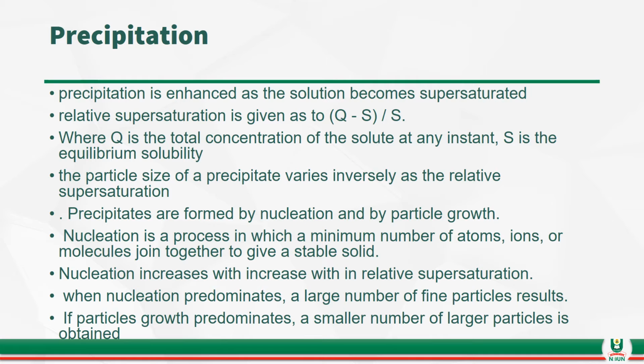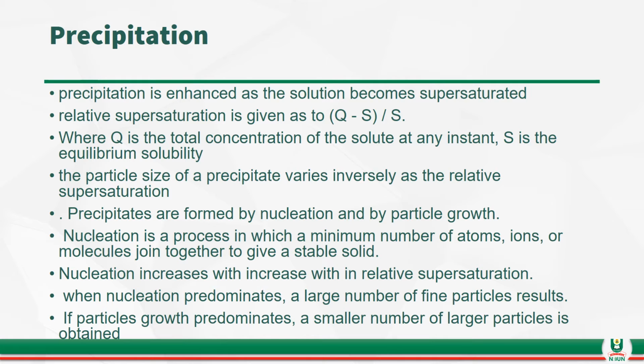Precipitates are formed by nucleation and by particle growth. Nucleation is therefore a process in which a minimum number of atoms, ions, or molecules join together to give a stable solid.